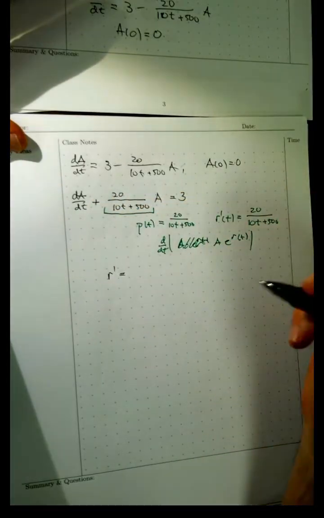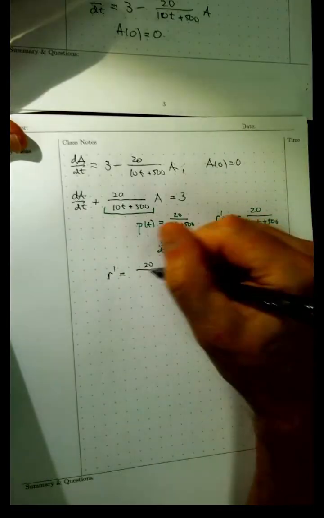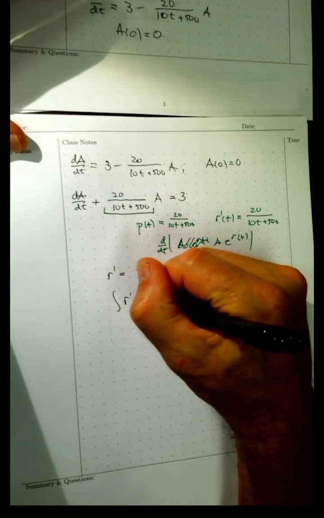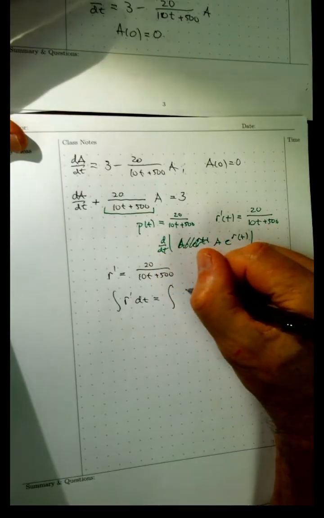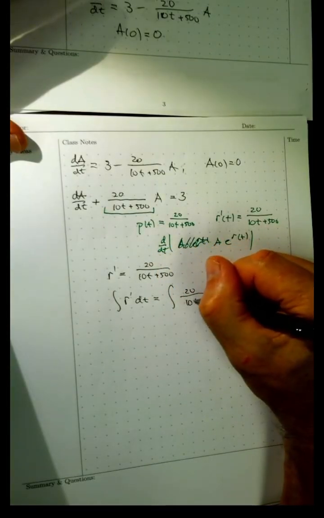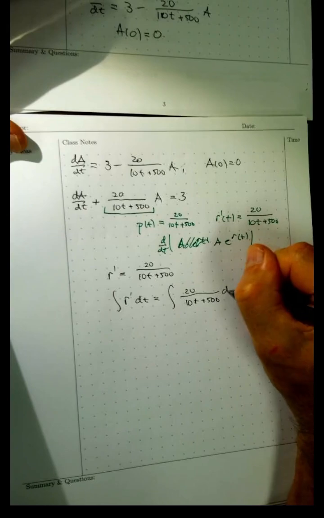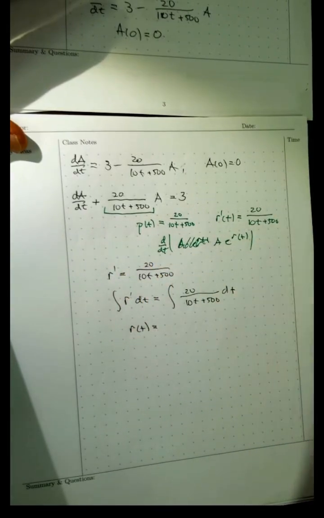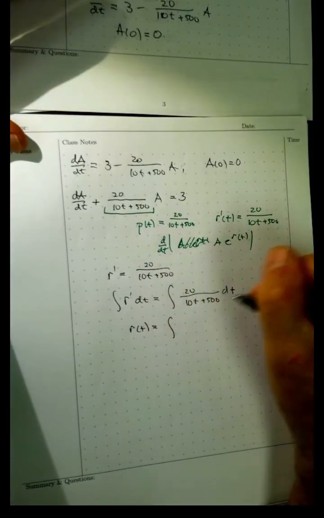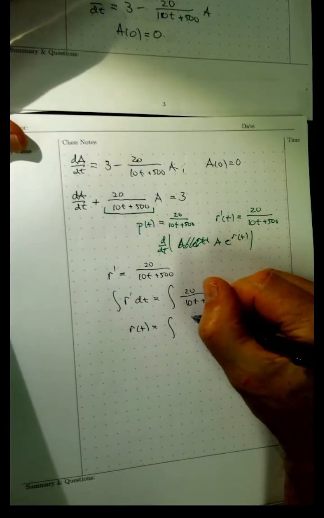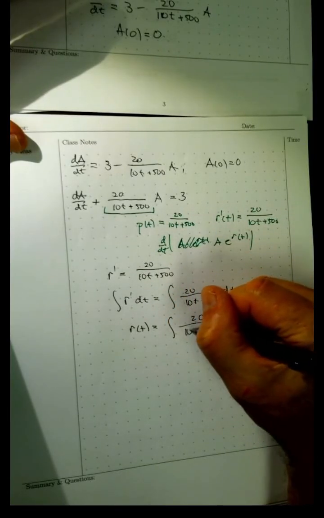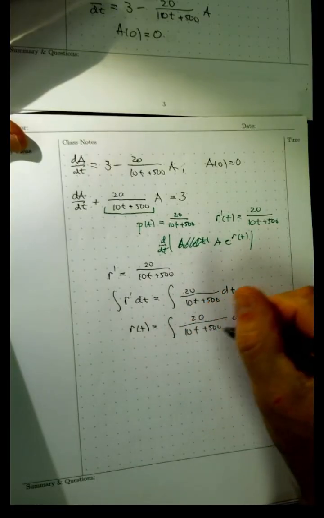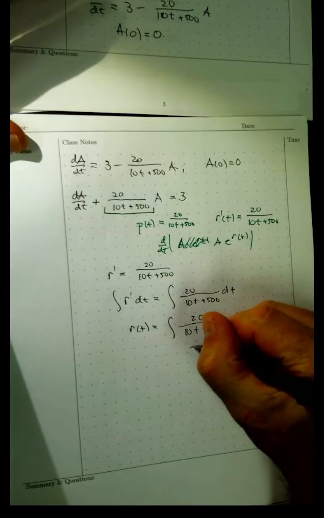So R prime is 20 over 10t plus 500. I'm going to take the antiderivative of both sides. The antiderivative of the derivative is just R of t. Keep in mind I'm going to have a constant of integration when I'm done. So what is this? Let's try u substitution.